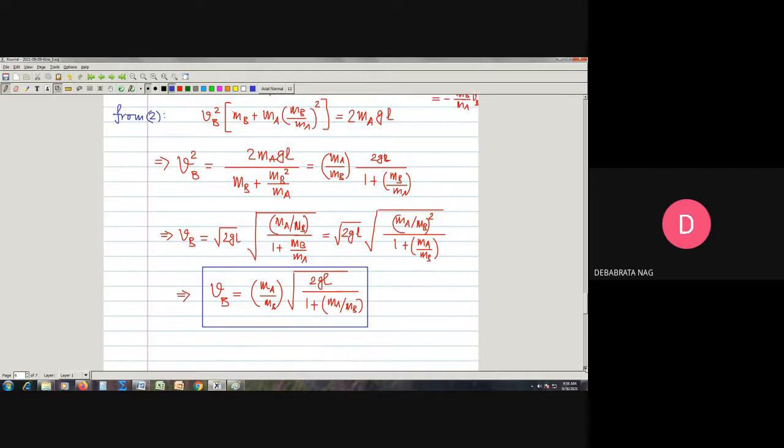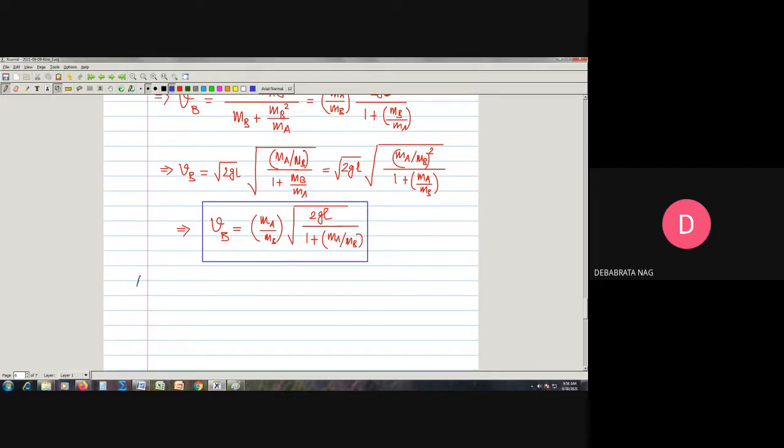So it is pretty clear that if your MB is much greater than MA, that means the carriage is of heavier mass than the pendulum, then obviously this ratio MA by MB is going to be tending towards 0.